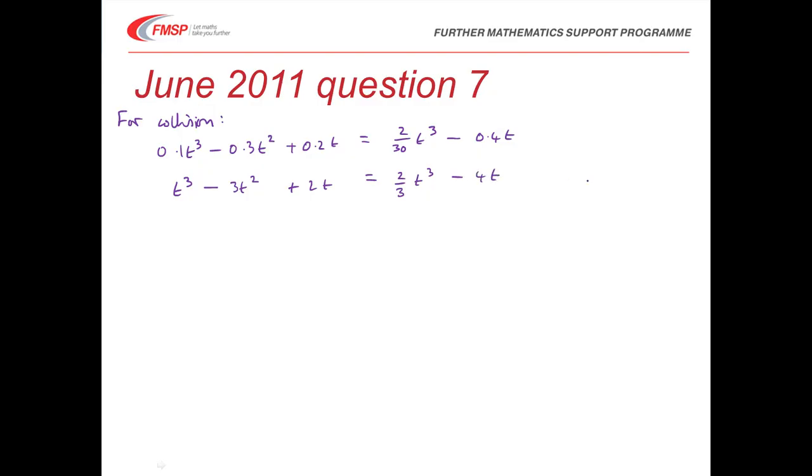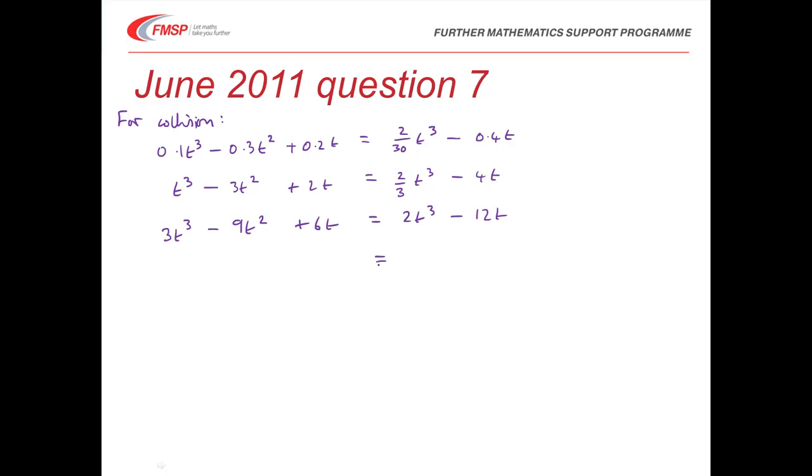That hasn't eliminated all the fractions and decimals, and as there are only integers in the final equation that I'm asked to show, I'm going to make sure there's all integers before I go any further. So the next thing I'm going to do is multiply through by 3. 3t cubed minus 9t squared plus 6t equals 2t cubed minus 12t.